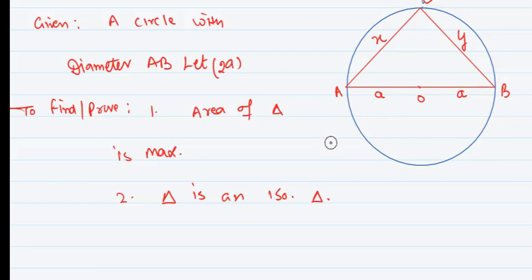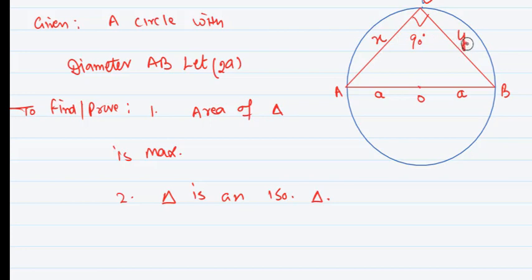Now let us go ahead with the solution. So here you know very well that AB is the diameter and ACB is the triangle on the diameter. So what does it mean? It means the angle C will be 90 degrees, angle in a semicircle. So it means ABC is a right angled triangle. And you know very well that in a right angled triangle the area is half of base into height, means half of x into y. Okay. But both are variable, x as well as y. So we need to maintain a relation between these two.